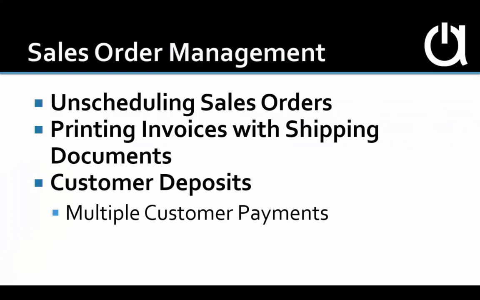Another question we get asked a lot about is customer deposits or multiple customer payments. So you have 2 options here. One would be to create the customer payments in QuickBooks to be applied to the invoices after synchronization. Or the second option would be to use a customer deposit product. We actually have the customer deposit steps outlined on our help site.